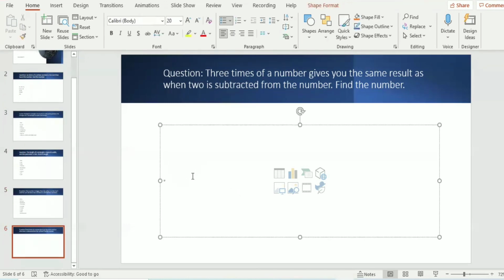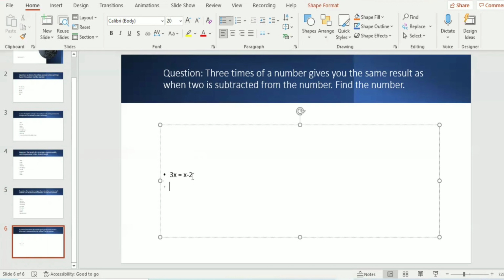Let's say the number is x. So 3 times a number gives you the same result, which means that is equivalent to when 2 is subtracted from the number. Means if x is the number, then 2 is subtracted from it, x minus 2. And we have to find the number.